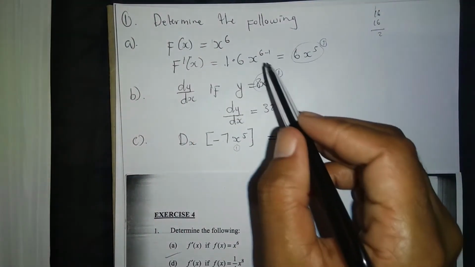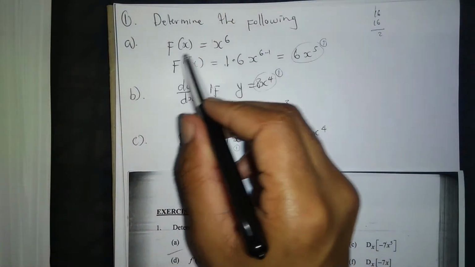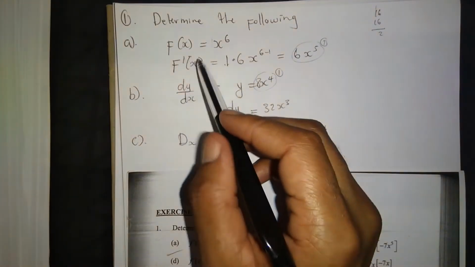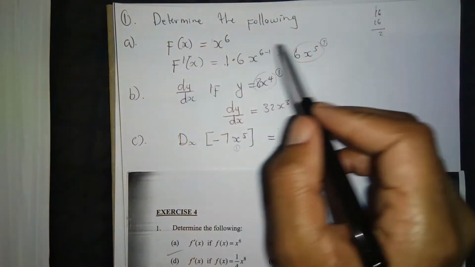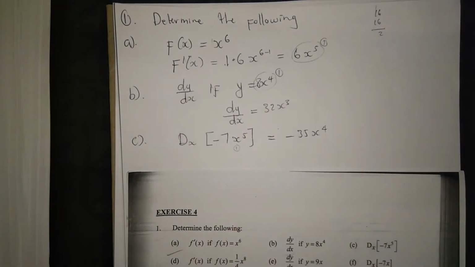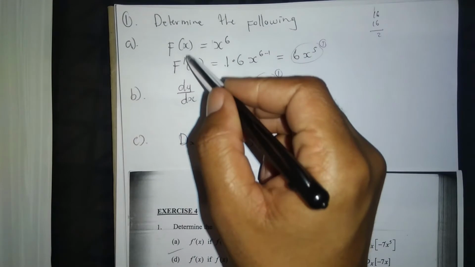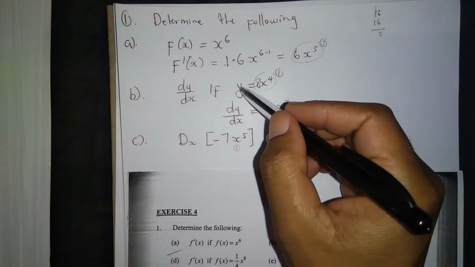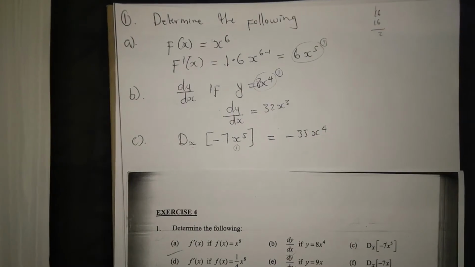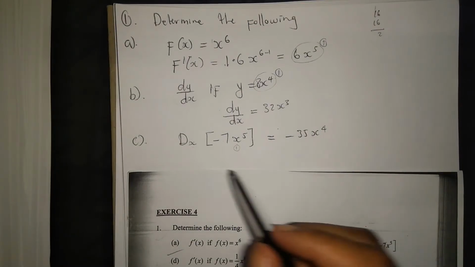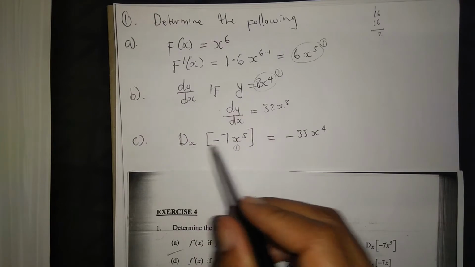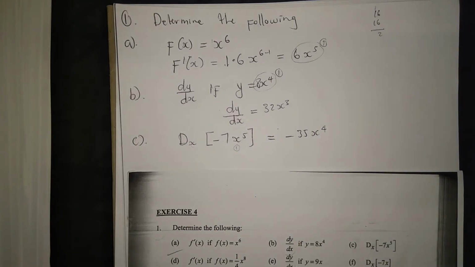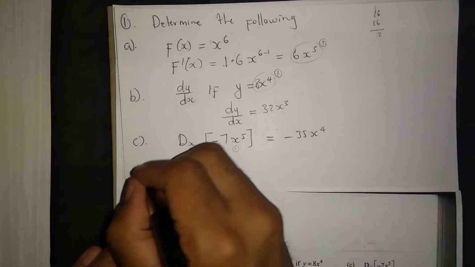F prime x nangaba kuphu f of x, therefore isimbolo kwamele uyisebenzise f prime x equal to your derivative. Nangaba kuphu y usebenzisa le notation ka dy over dx, and nangaba kuphu d over dx kwamele ufinde i-derivative yakho bese remove ama brackets. Angithi?